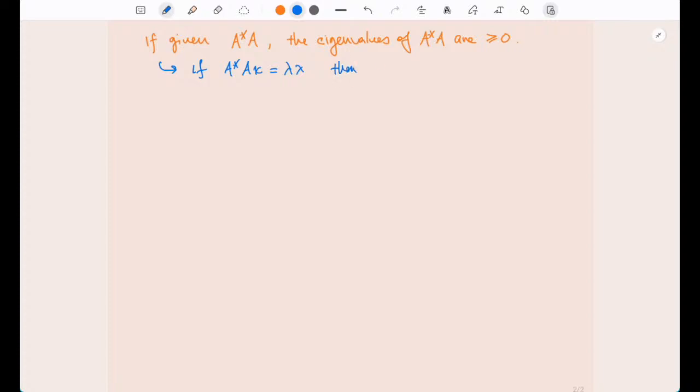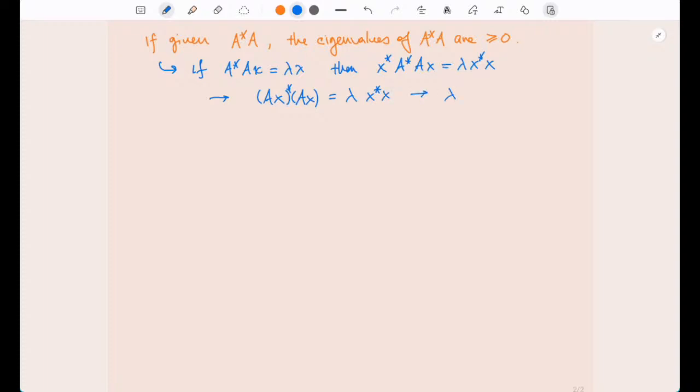So this shows that Ax star Ax, which is their complex dot product, is equal to lambda x star x.